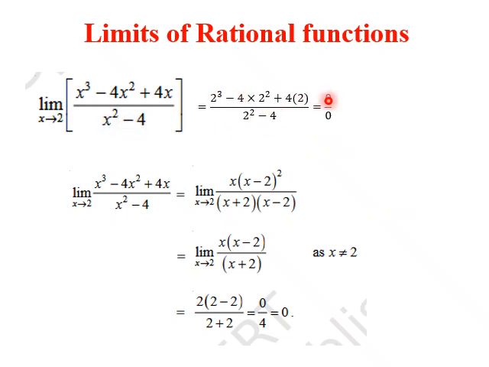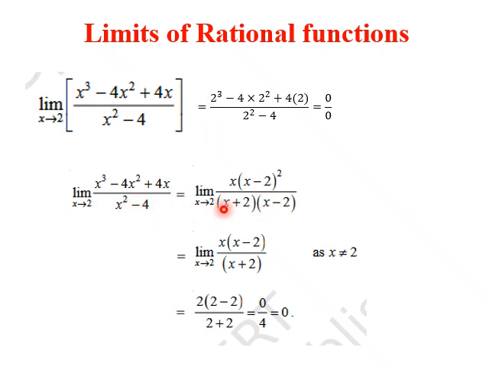So the numerator will become 0 and the denominator will be 0. So just by substituting 2, we are not able to get the answer as in the previous example. So how do we proceed now? We will try to expand this or find the factors of this and try to cancel some factors of numerator and denominator if they get cancelled.